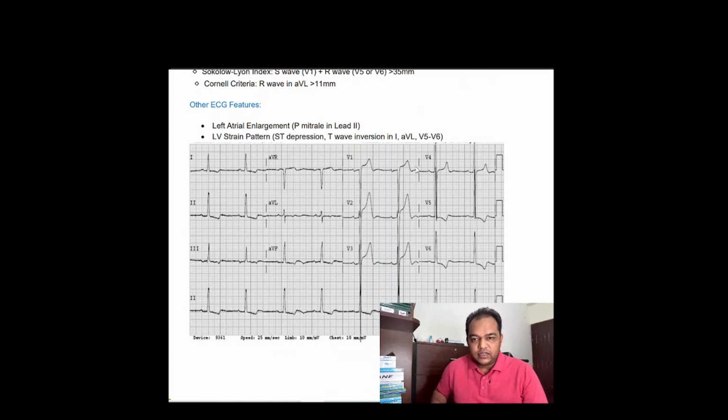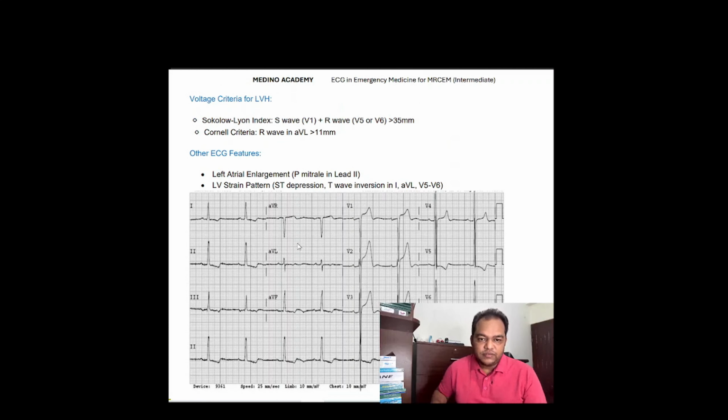We can see that the summation of S wave in V1 and R wave in V5 or V6 is more than 35. So this is a case of left ventricular hypertrophy.